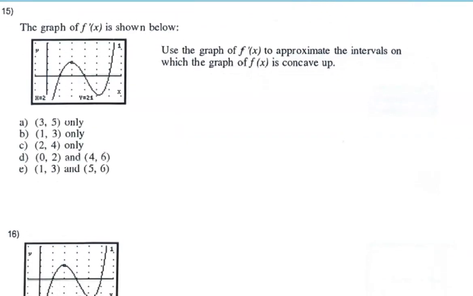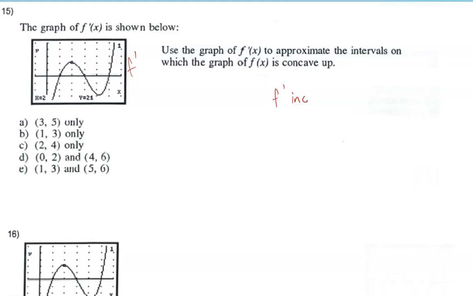Okay, 15. The graph of, again, f prime is shown. We want to use the graph of f prime to approximate the intervals on which the graph of f is concave up. All right, so again, from that chart, if we use the bottom half of that chart, f is concave up when f prime is increasing.